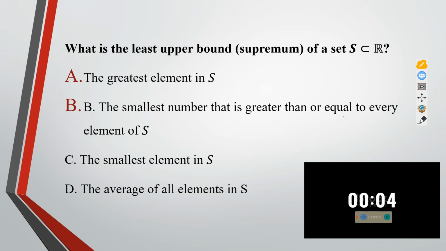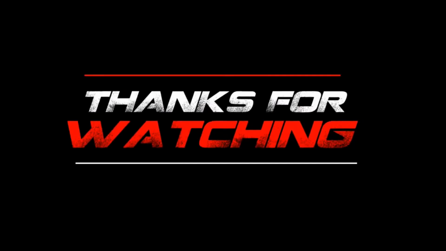So what is the least upper bound of a set? We have definitely talked about this when we were talking about the supremum. We said the least upper bound, or what we call the supremum, of a set that is bounded above, is the smallest real number u such that s is less or equal to u, where s are elements from this given set.